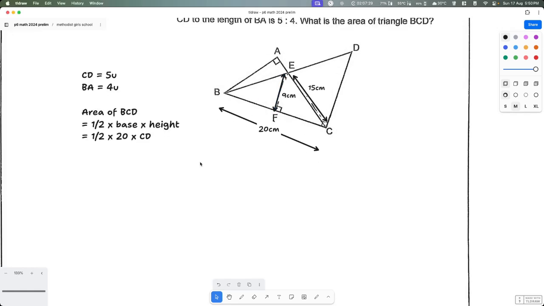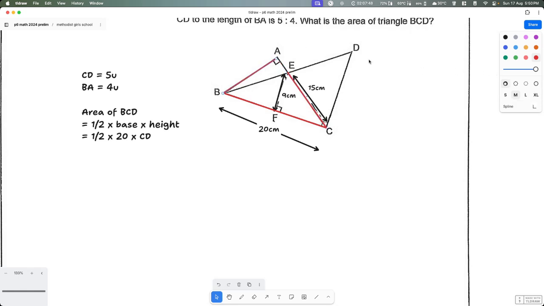First I'm gonna share something. Basically this B, and then this AEC and this whole thing over here. We know that this base over here is 15 centimeters.